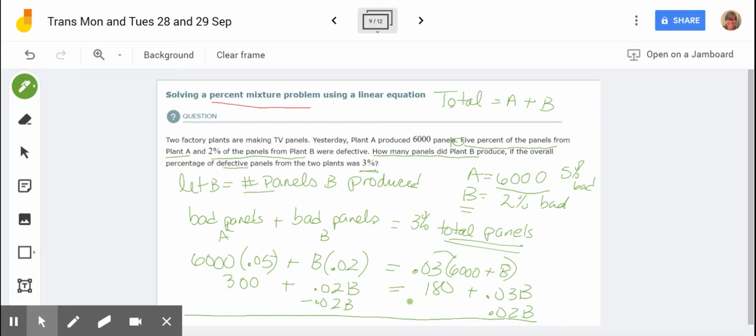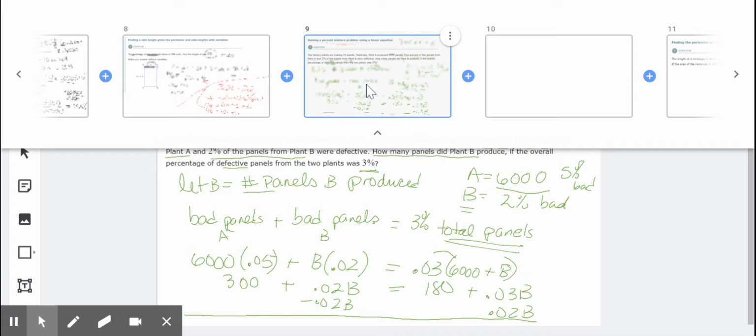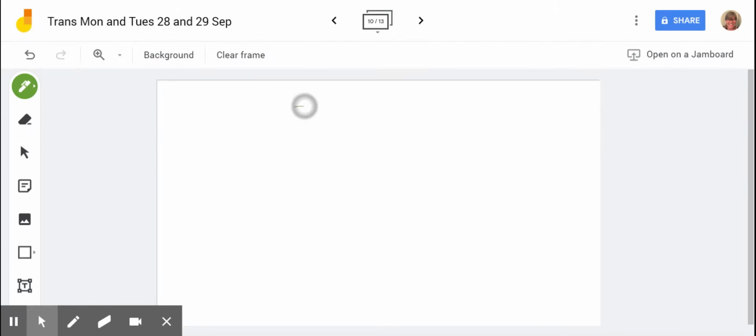I kind of wanted to make you finish this problem on your own, but you're going to get 300 equals 180 plus 0.01b.